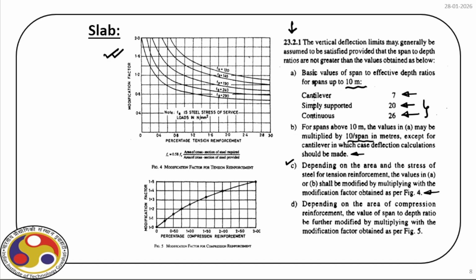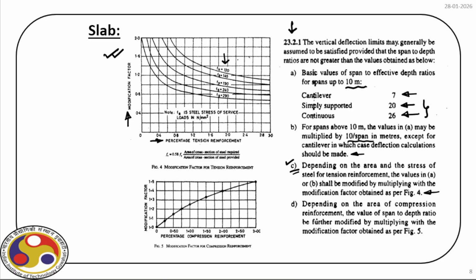We have to identify the percentage steel. So as you can see on your x-axis, we have percentage steel here. And then on the y-axis, we have this modification factor that depends on the different types of steel that we use. And then we can apply this modification factor as described in this subclause.